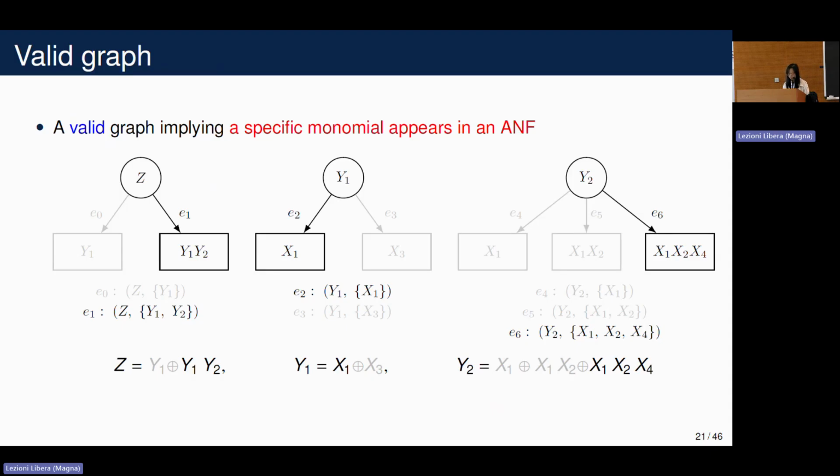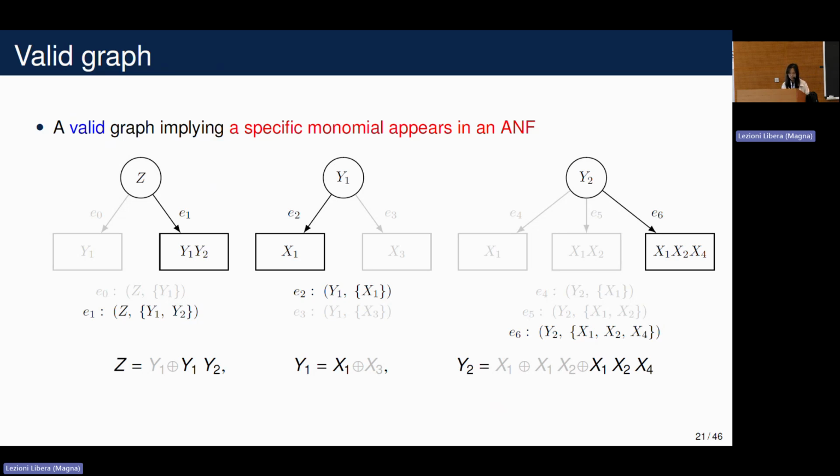In this case, we require that only one outgoing edge of a vertex can be activated. If E1 is activated, this means Y1 and Y2 appear in the ANF of Z. So a valid graph needs only one outgoing edge for every vertex.